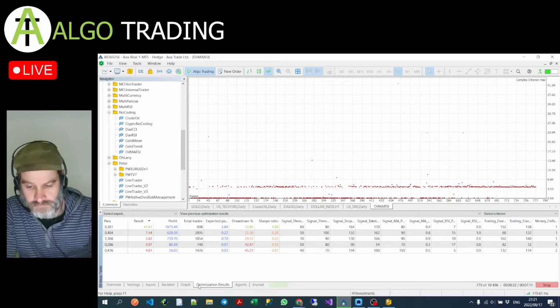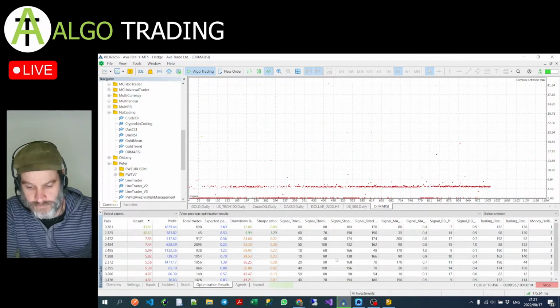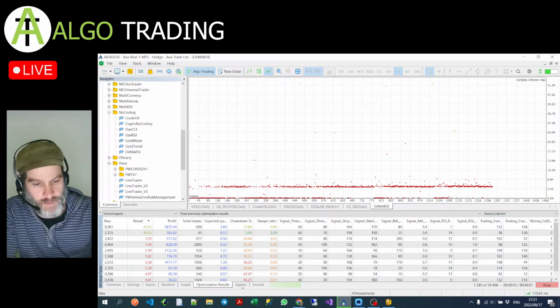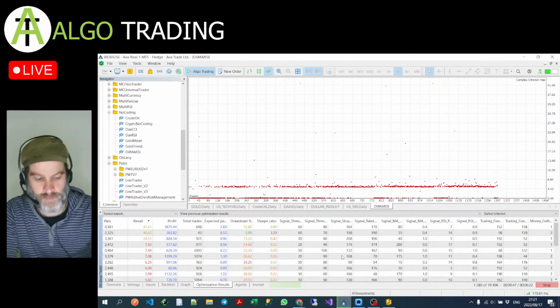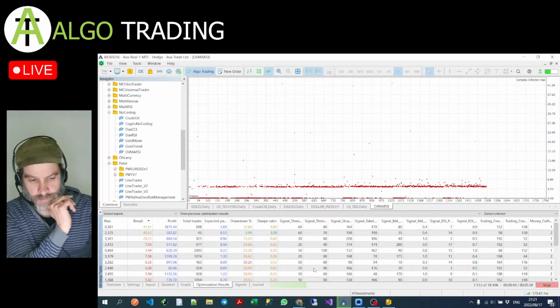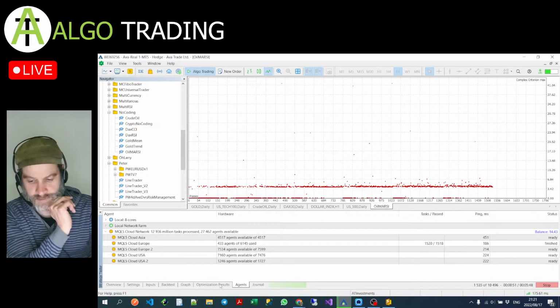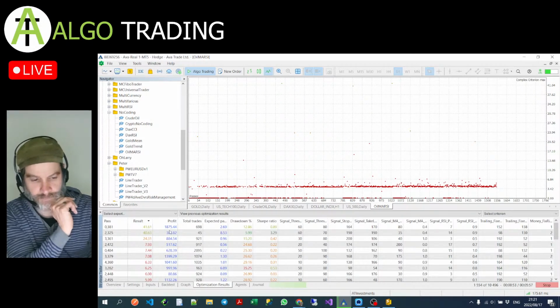Getting something here. A lot more trades. But I mean, it's very scarce, the really good trades.